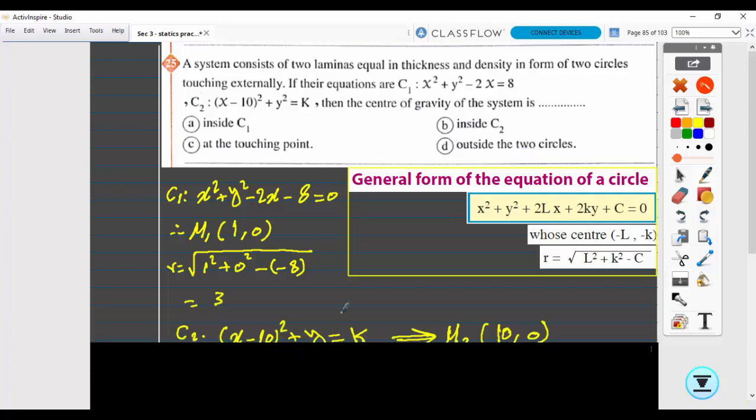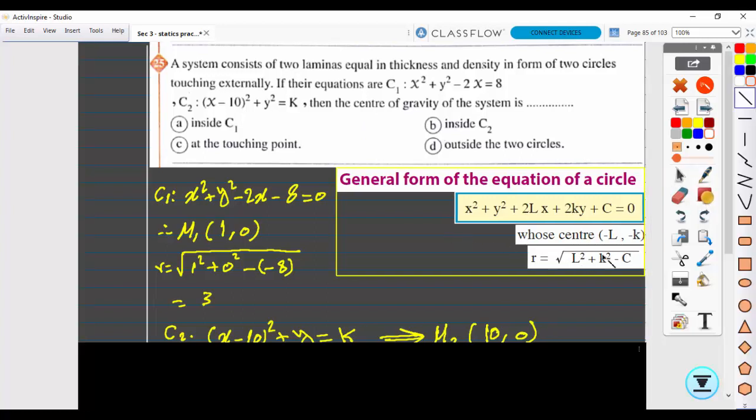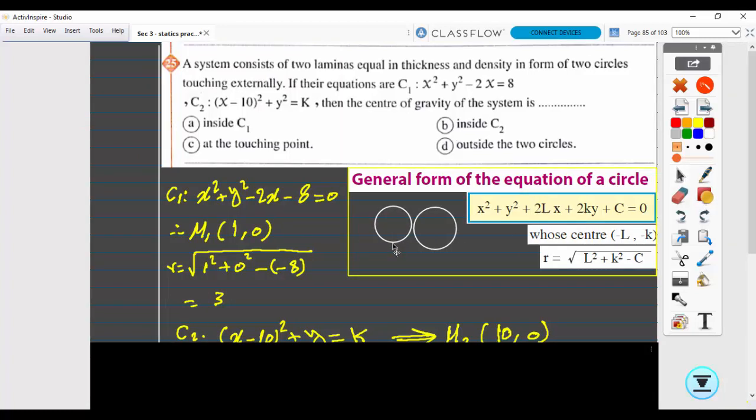Okay, we have the two circles C1 and C2. I'll draw two small circles, one of them like this and the other like this. Here are the two circles touching externally.